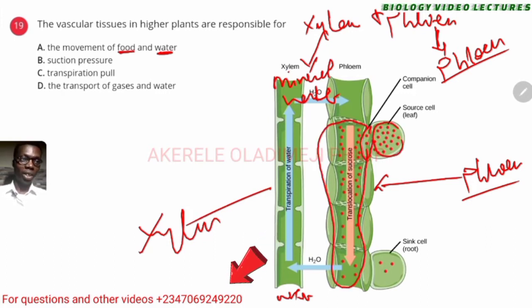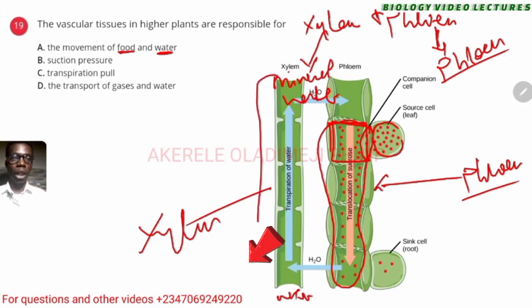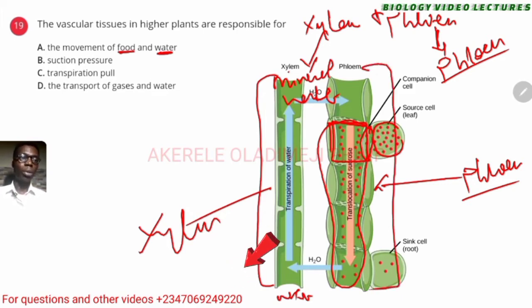And this is companion cells. This is your sieve tube, the sieve plate, and all of those things. Never mind about this for the moment, but the point is, this is your xylem transporting water and dissolved mineral salt from the soil, and this is your phloem transporting food, which is in the form of sucrose.